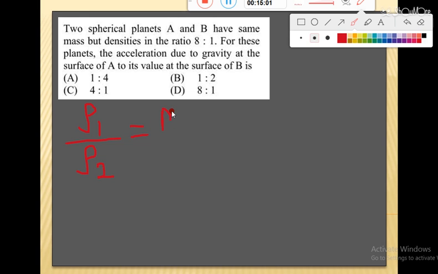So the ratio of rho 1 by rho 2: rho 1 is m1 by v1, and v1 is 4 by 3 pi r1 cube.